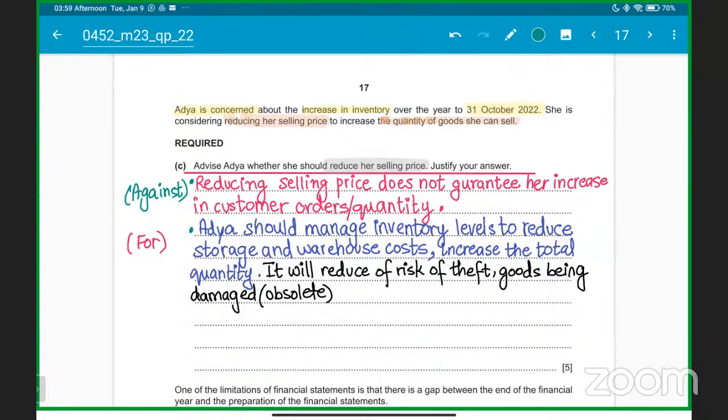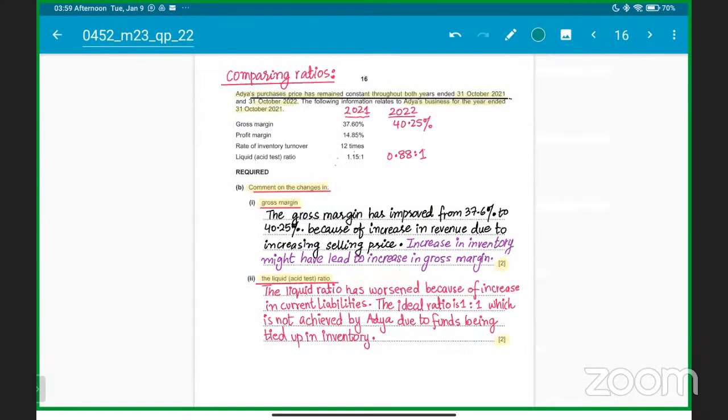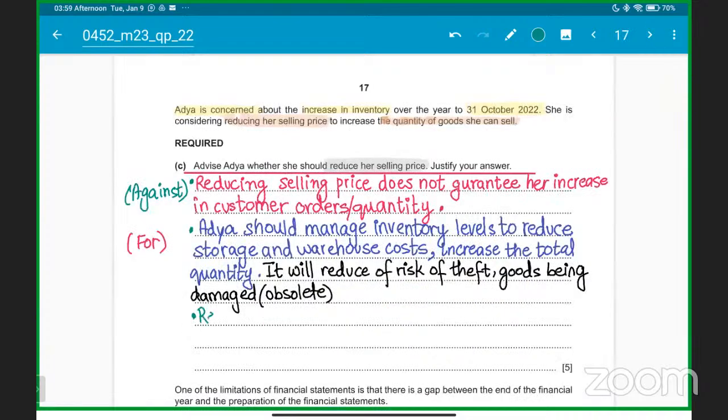Increasing the selling price increases the gross margin. Reducing the selling price will mean, students, what? That it will reduce the gross margin. Reduction indicates a fall in the gross margin as well. Following, students?